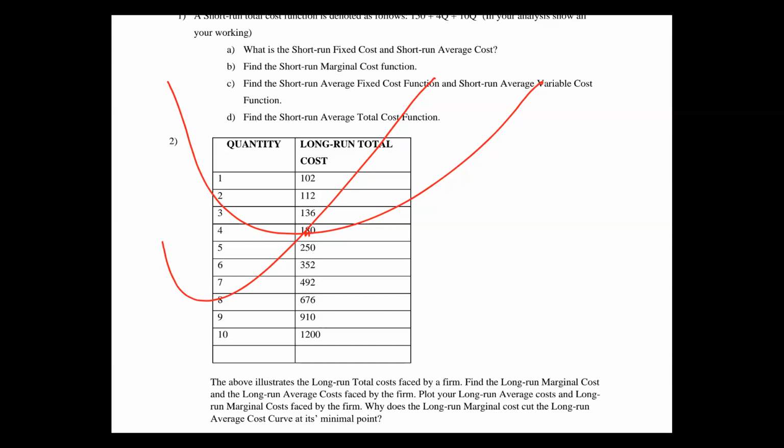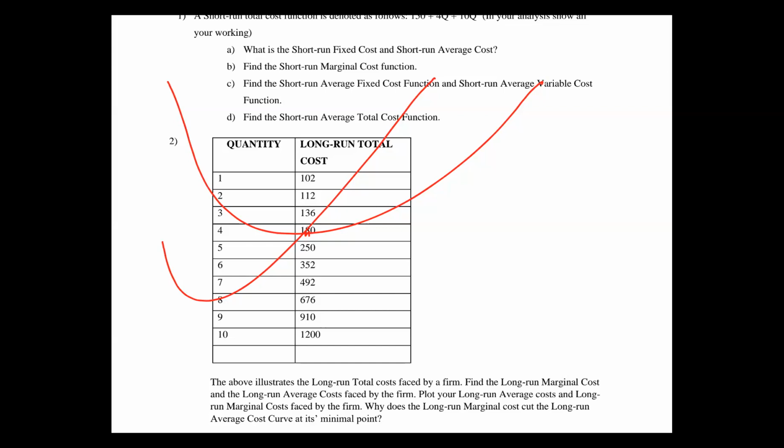As marginal cost is increasing, before it reaches the average cost, the average cost is usually decreasing. And when the marginal cost is greater than the average cost, the average cost will start increasing. You are not getting what I'm saying.